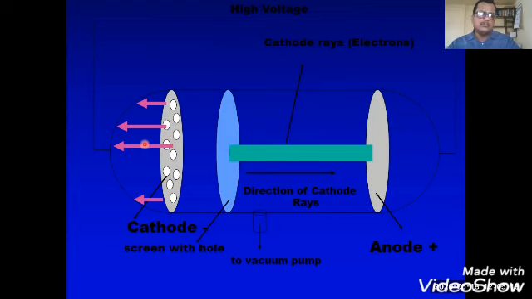Then they calculated the e/m ratio. For cathode rays, the e/m ratio did not depend upon the type of gas inside the discharge tube, but for positive rays, the e/m ratio depends solely upon the nature of the gas inside the discharge tube.